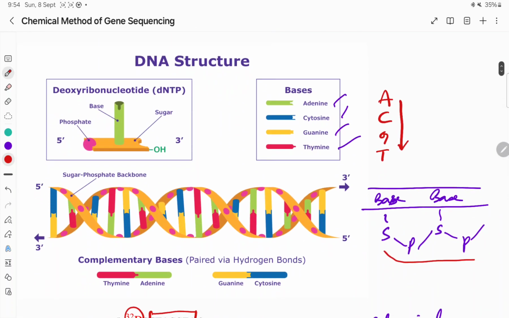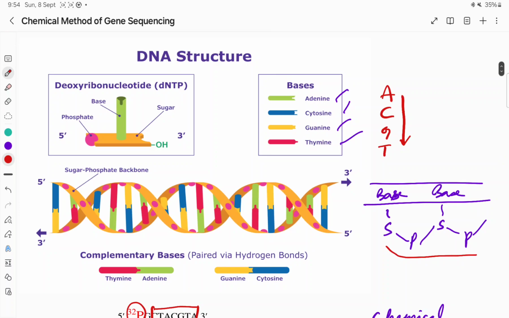So when you say gene sequencing, the DNA is a double helix structure, and two strands are there, and each strand is a chain of sugar and phosphate, and to each sugar there is a base out of these four: adenine, cytosine, guanine and thymine, and that base you can say A, G, T, C, A, G, C, C, T, like this.